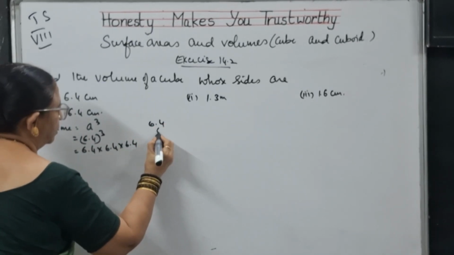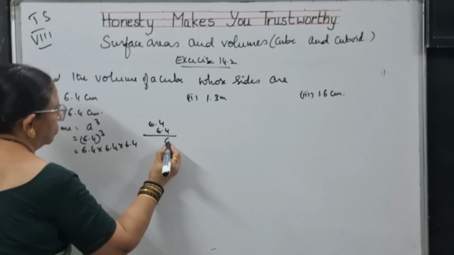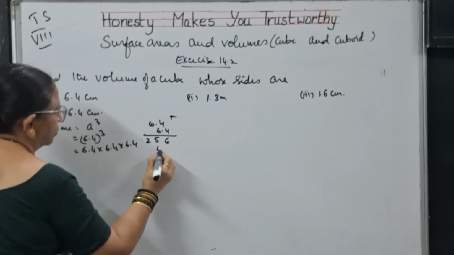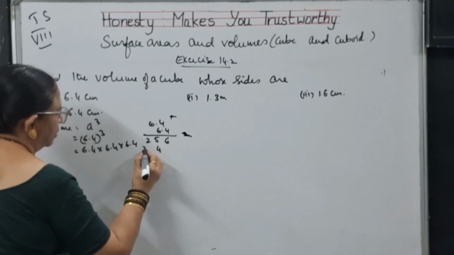So 6.4 into 6.4. 4 4s are 16, 4 6s are 24, 25. 6 4s are 24, 36, 38.